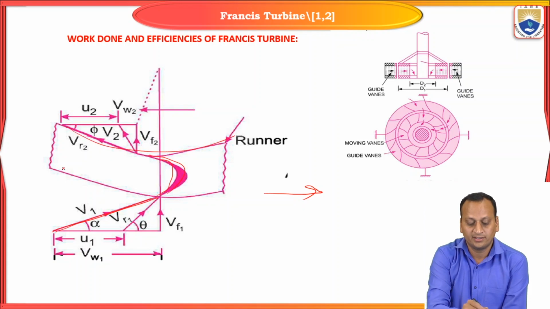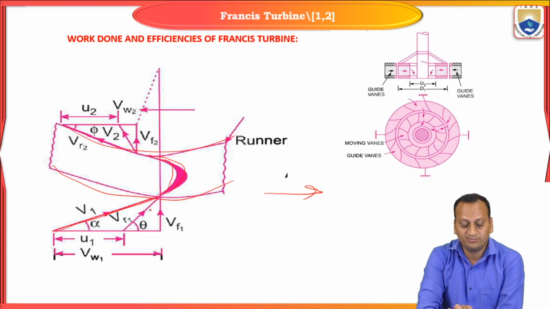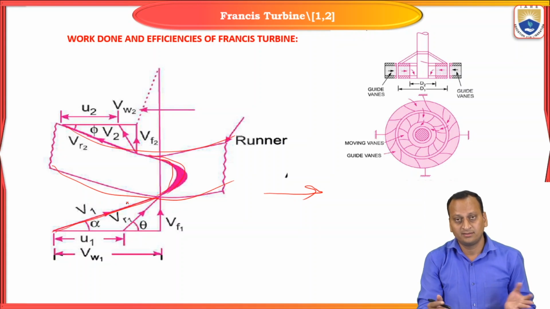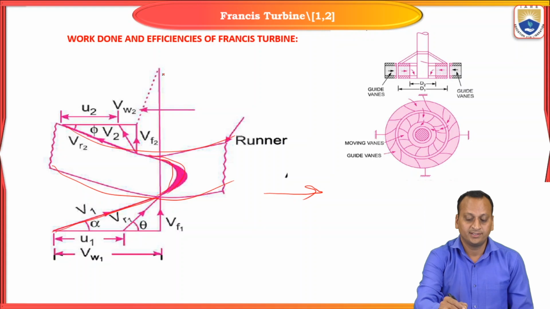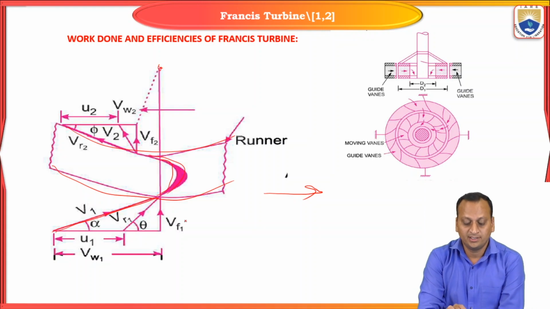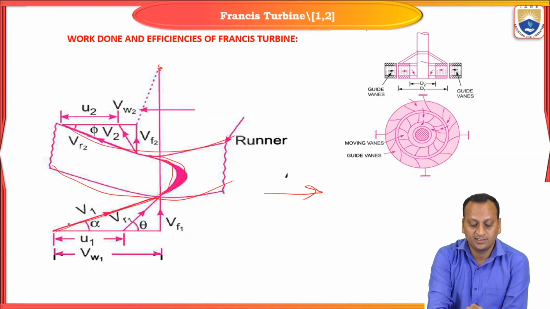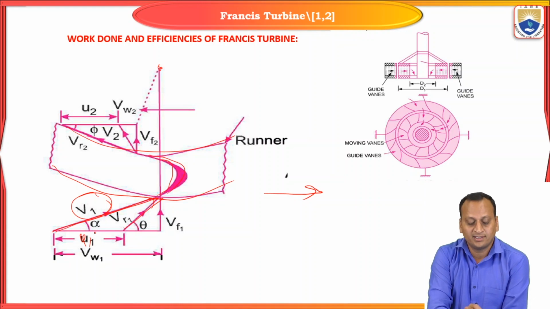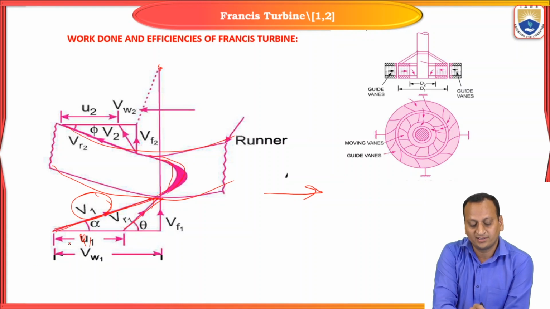So this is a rotor, and between the two plates the runner blades are mounted, at the center of the rotor. As the water passes here, this will be the absolute velocity of the inlet jet, V1, and the blade will be moving with a particular velocity, the blade velocity U1. Between these two there will be the relative velocity Vr1.